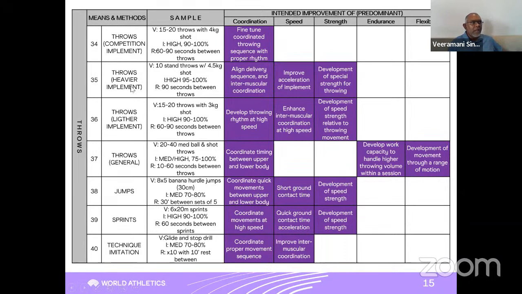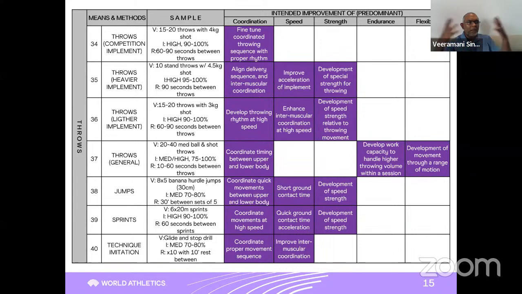Heavier implements are more specific strength related, again, and to improve what we call the acceleration aspect of it. Lighter implements, on the other hand, is to improve throwing rhythm at higher speed, enhancing this intramuscular coordination that is required for speed, and also develop speed strength for throwing.